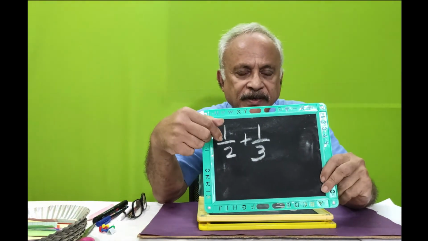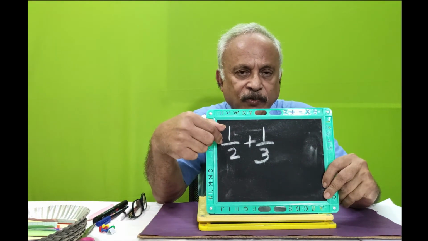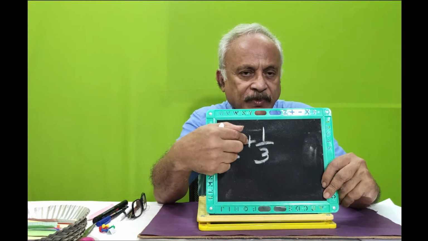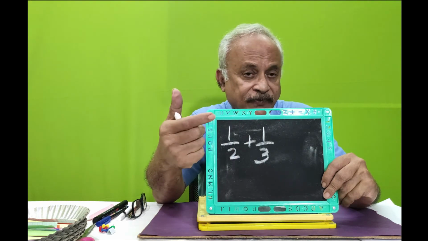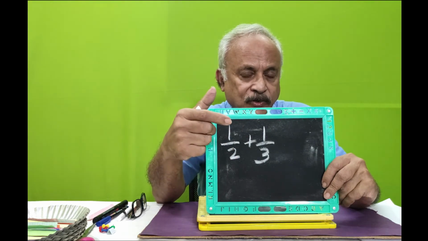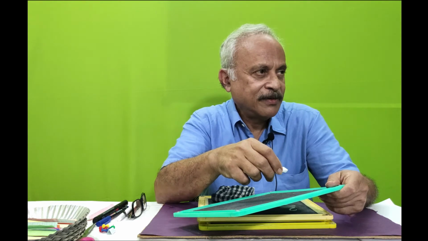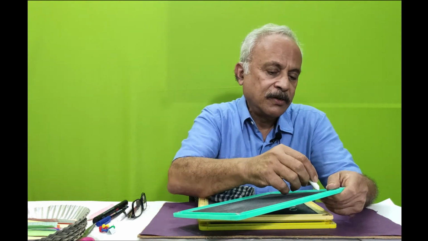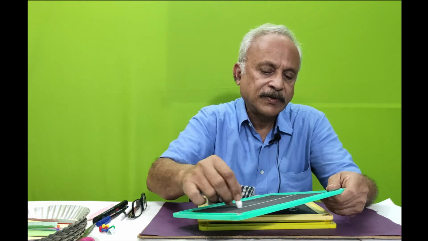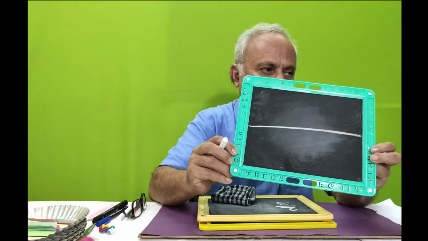Now here the pieces are 1 piece of 1 by 2 and 1 piece of 1 by 3. They are not of the same size. So what we can do is, and let's do that now, both Gyanjyoti and Nandita, divide your slate into 2 parts like this.